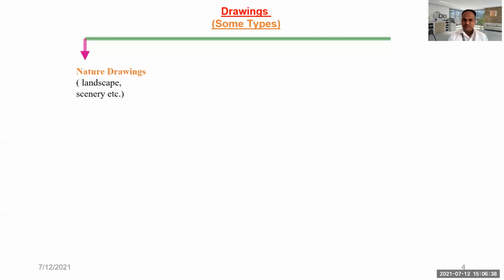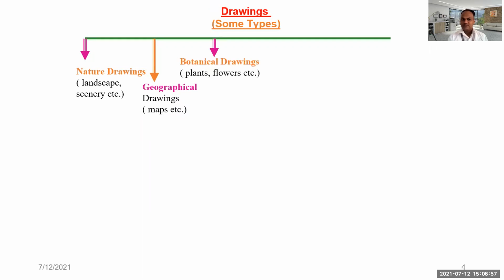Now we'll see some types of drawings which you might have seen up till 12th standard. First one, that is nature drawing. You might know this nature drawing, that is landscapes and scenery, etc. You might have drawn. Second, geographical drawings, that is maps.